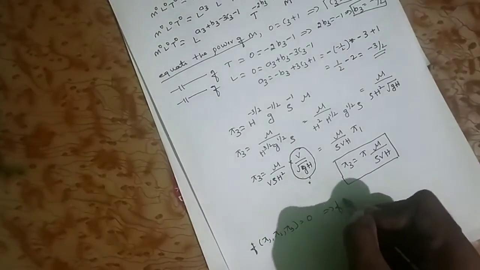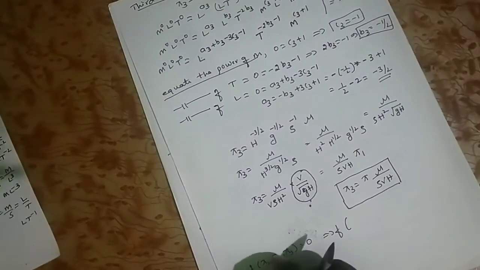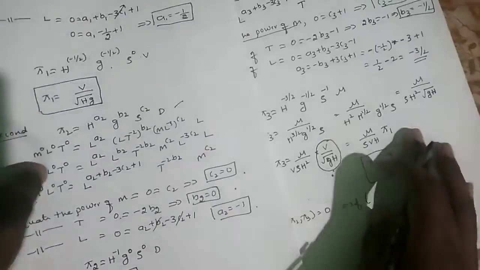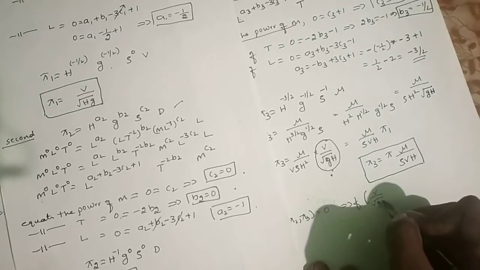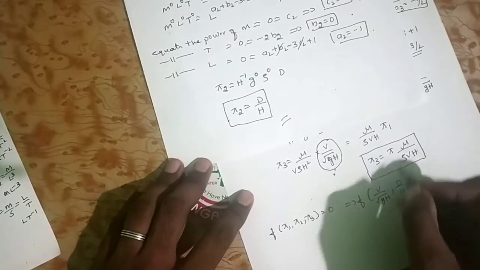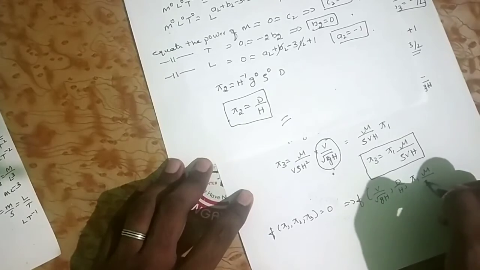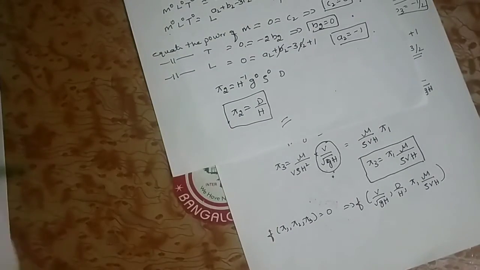That is, function of, what is pi 1? Pi 1 is V by root of gh. Pi 2 is D by H, and pi 3 is pi 1 into mu divided by rho V h.